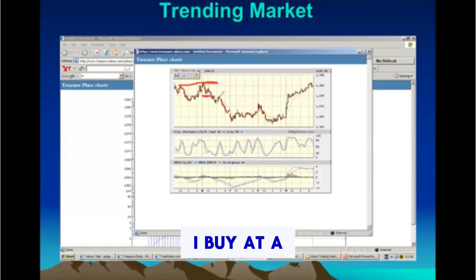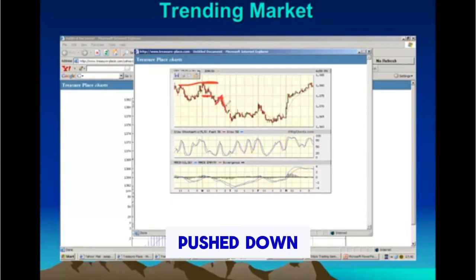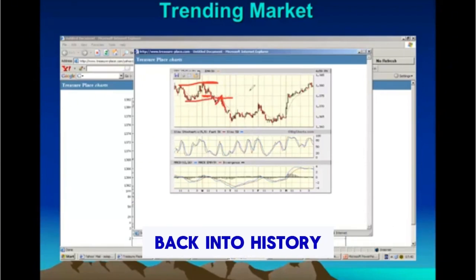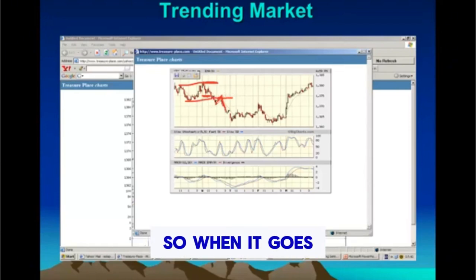A resistance is a place where the market has touched several times. We look back into history, but that's not what we do. I want you to understand the flow of the market. So when it goes up like this, I want to sell at this price and then come here to buy.